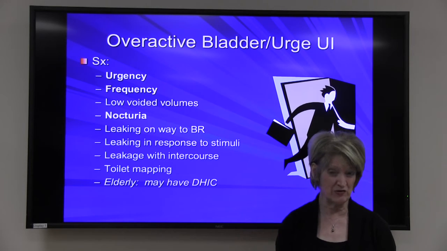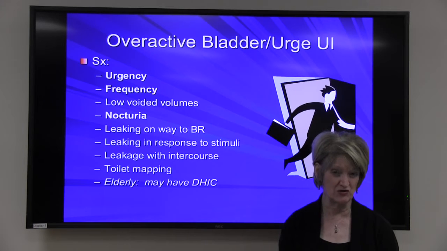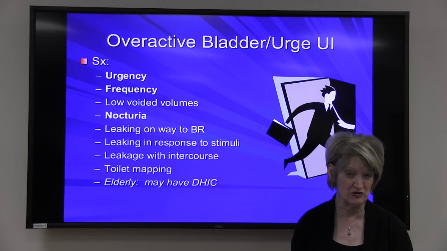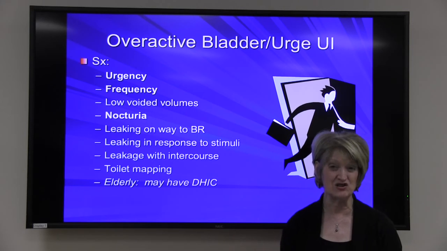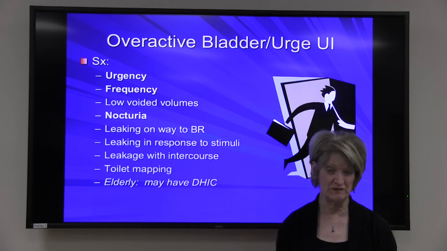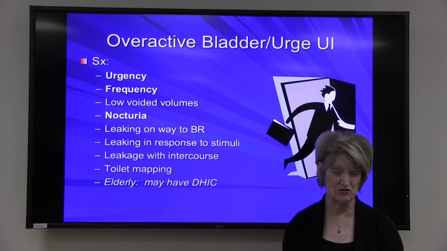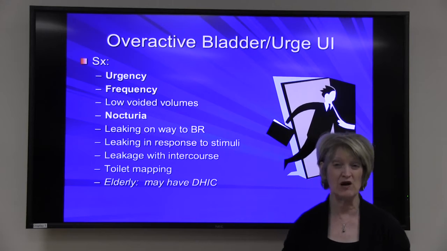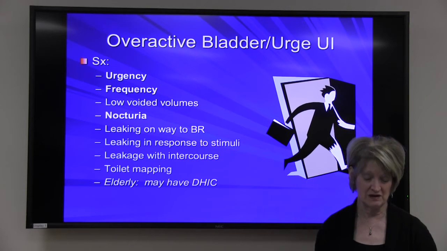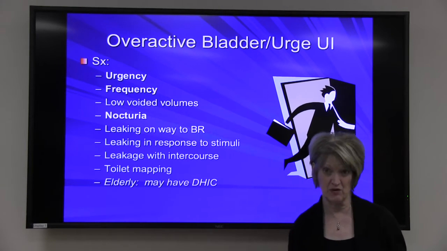Because if you went to the bathroom with 300 and you voided 100 and you left with 200, you were 2/3 of the way full when you left. If I can get you down to 50 residual instead of 200 residual, I give you a lot more storage time. So anytime you have combination problems, always start with the emptying problem first.